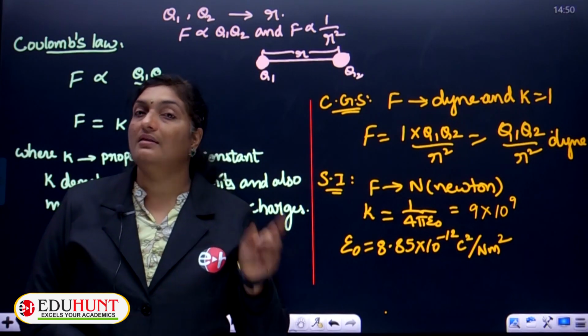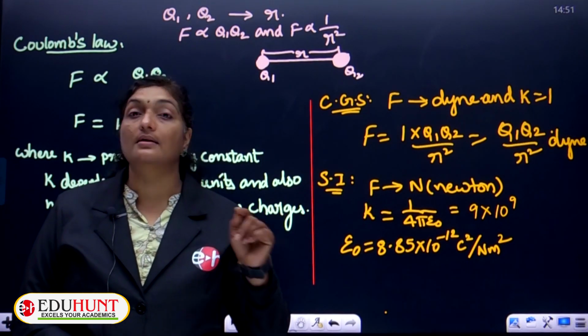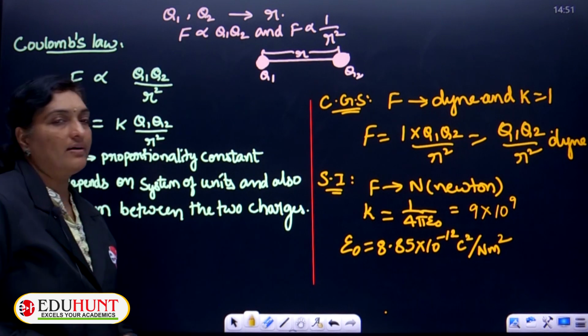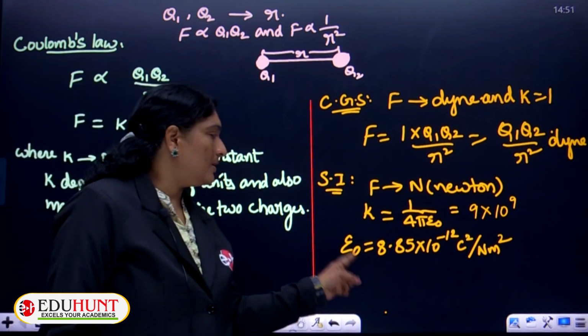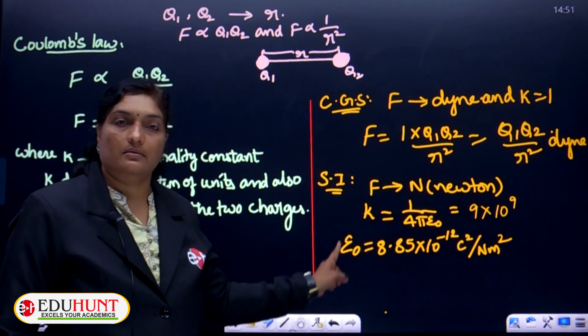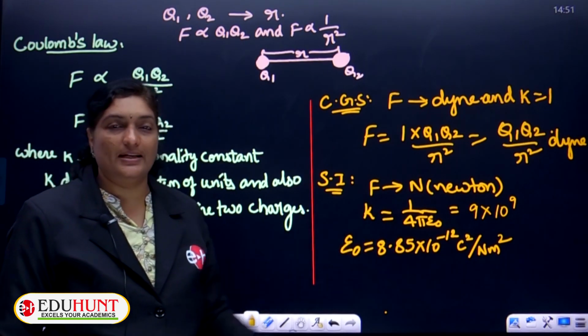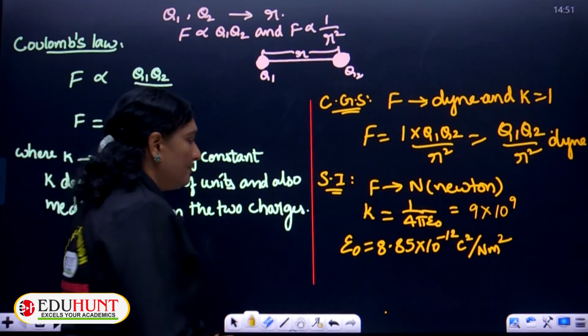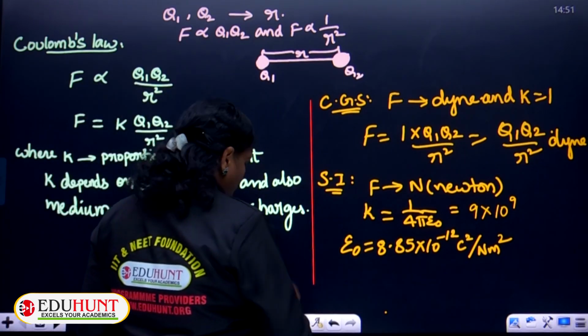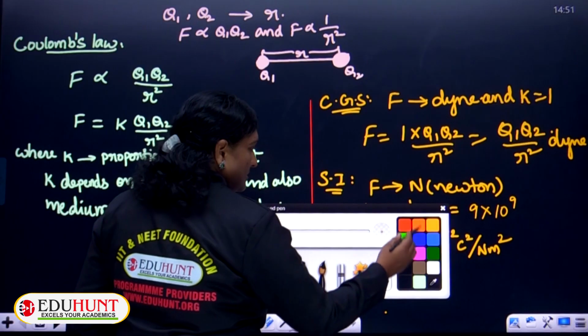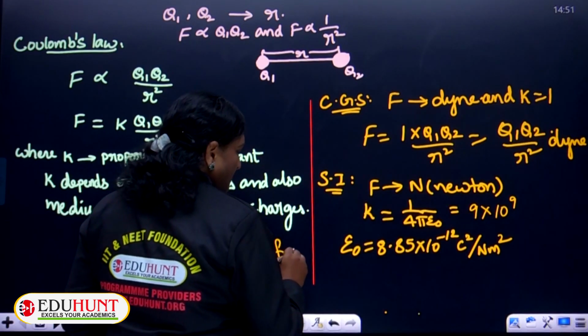Not only this, the value of K also changes with the medium we have considered. Epsilon naught is the permittivity of free space.